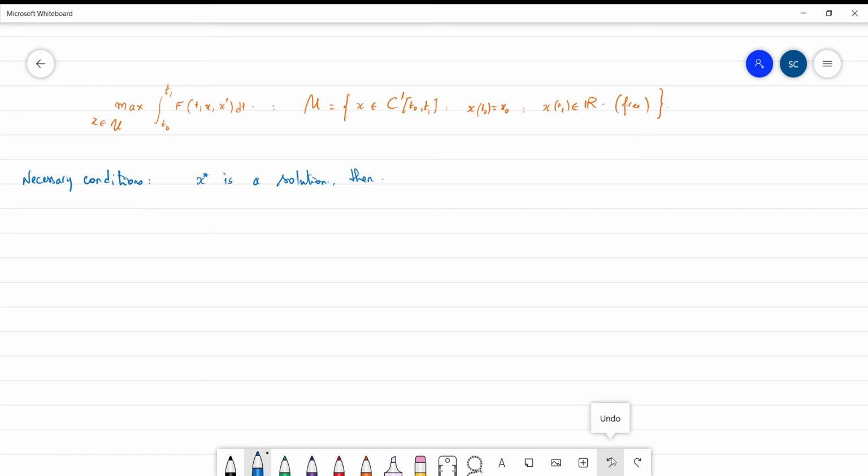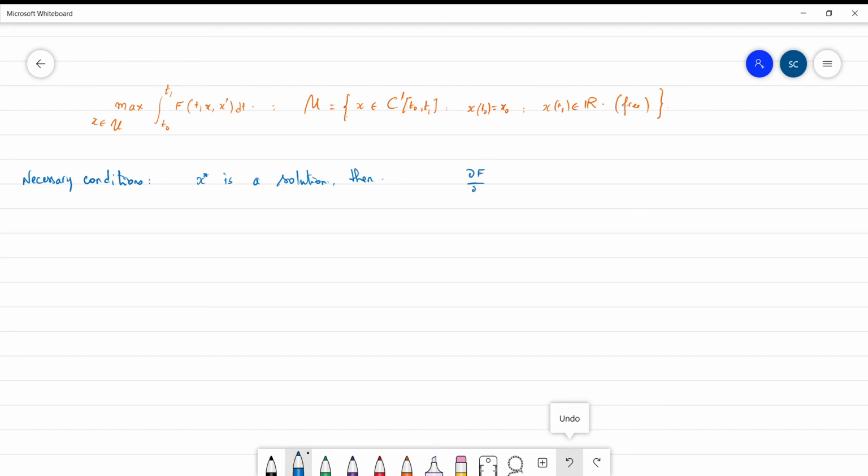Let's write them here: df/dx minus d/dt of df/du at (t, x, x') equals 0. Those are the Euler equations.